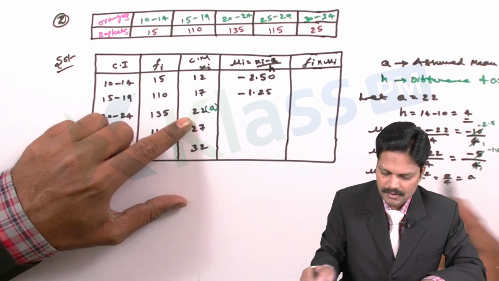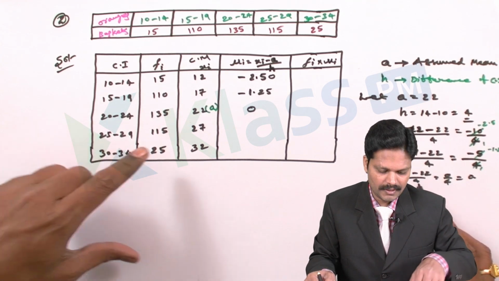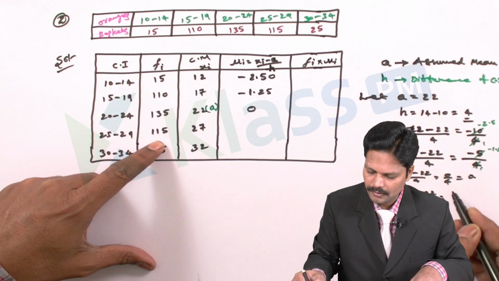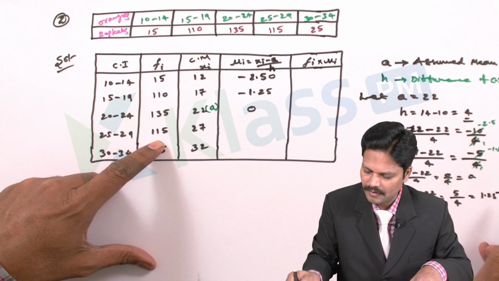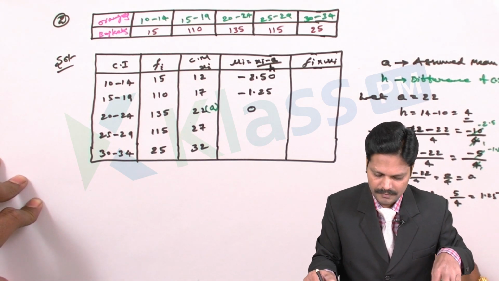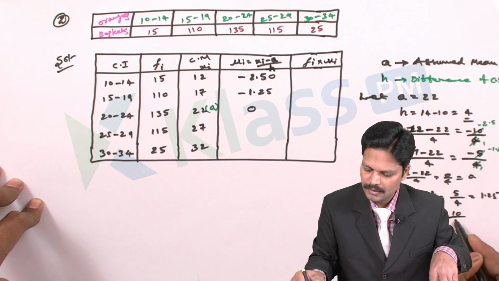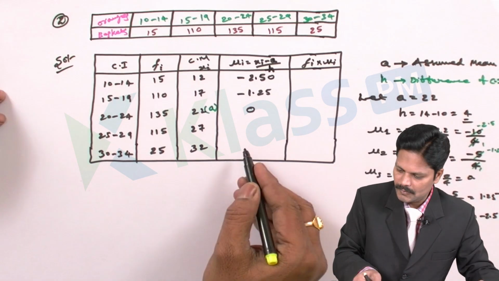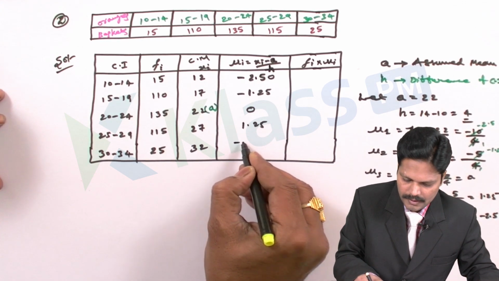For u4 we are having 27 minus 22 by 4, which is 5 by 4, then 1.25 by cancellation, and for u5 we are having 32 minus 22 by 4, then 10 by 4, which is 2.5.